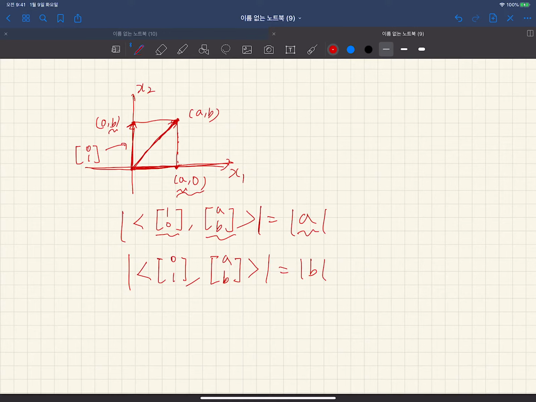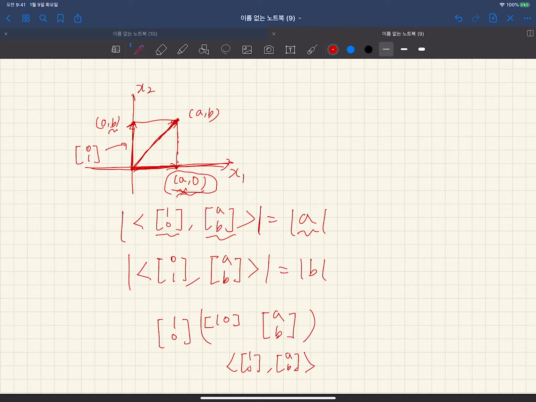Right. And when you multiply by the unit vector one more time, then you can obtain this a, 0 vector, the projected vector when you project a, b onto the x1 axis. So when you multiply a, b by 1, 0, because this is the inner product between 1, 0 and a, b, and multiply by the unit vector again, this is equal to the matrix 1, 0, 0, 0 times a, b, and this is equal to a, 0.